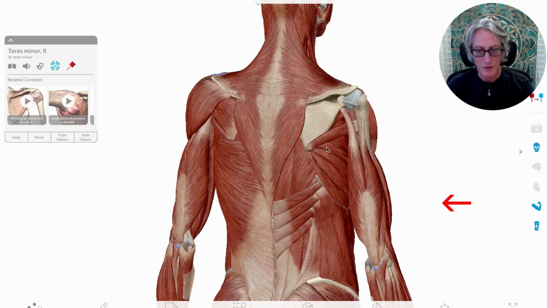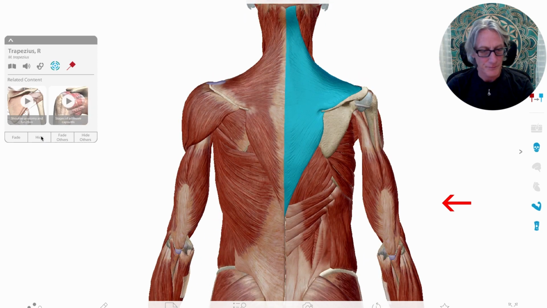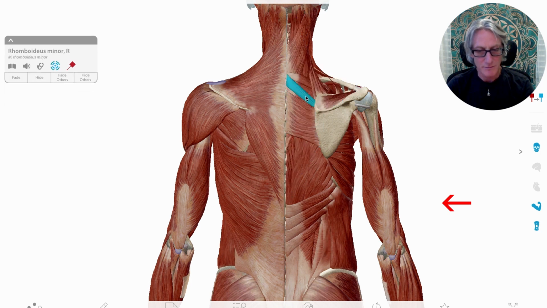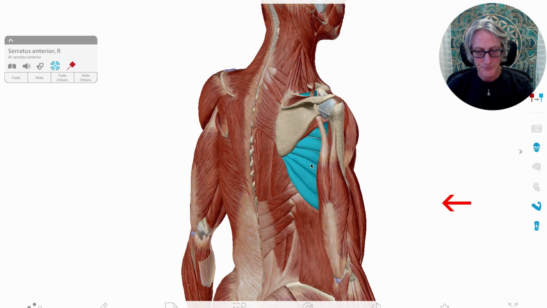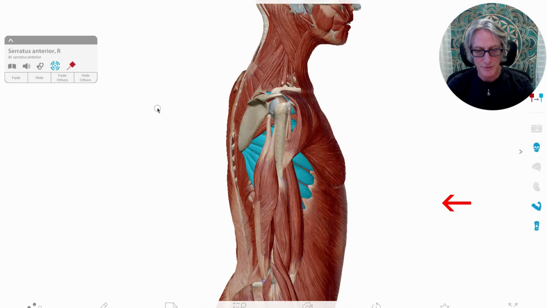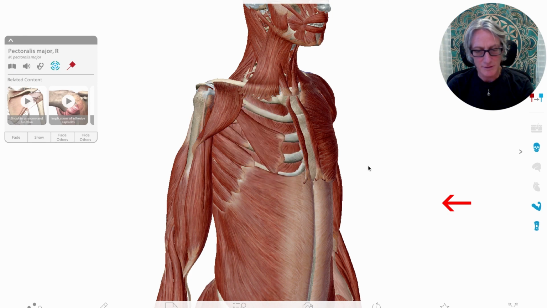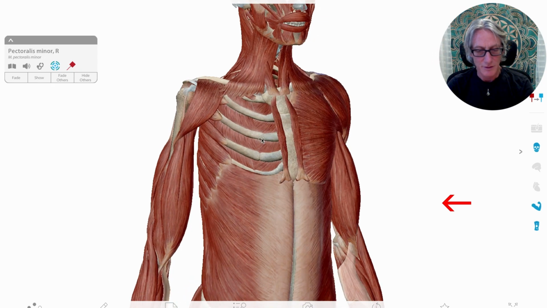Here's some of our rotator cuff muscles. Here's our trapezius. Deep to that, rhomboids. There's the levator scapula. And on the other side of the joint, here's our serratus anterior. Here's our pecs. I'm going to hide the pecs. Pec minor, I'm going to hide that one. That's another scapular muscle.